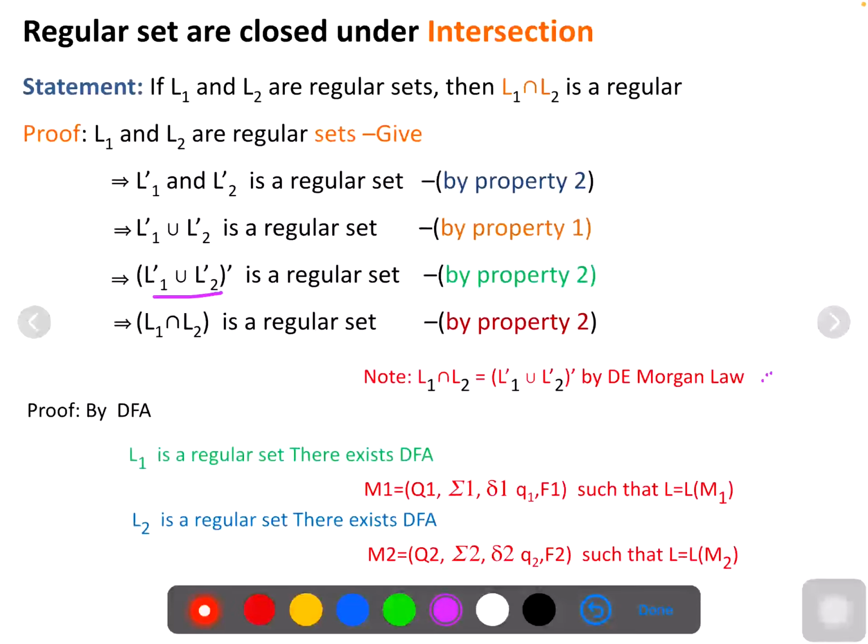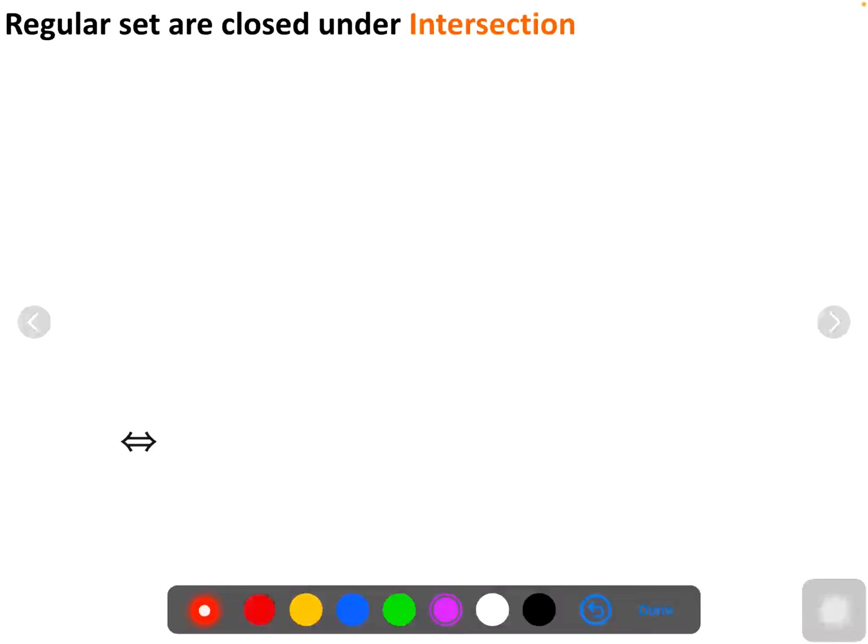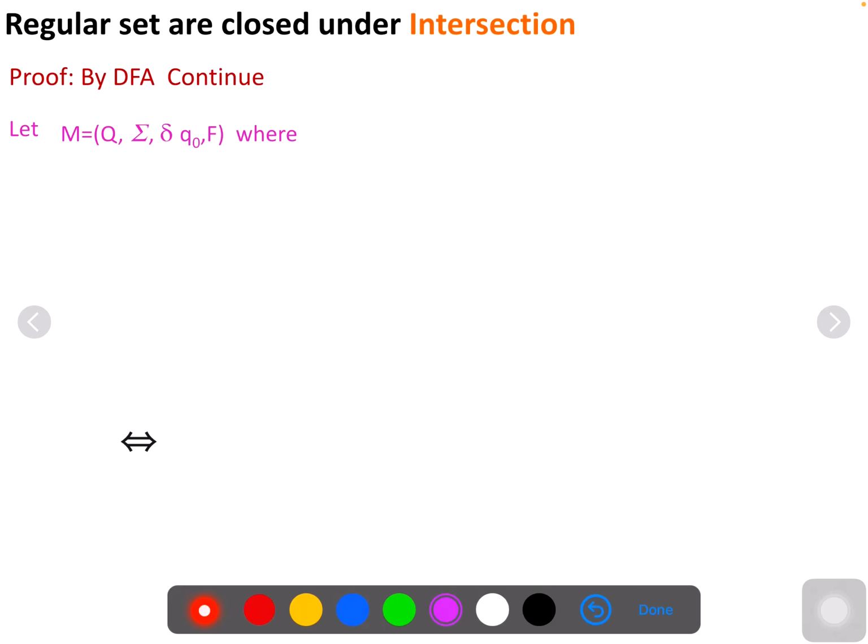As usual, there is a definition of DFA. As there are two DFAs, the set of states is Q1 cross Q2, where P1 comma P2 is a state such that P1 belongs to Q1 and P2 belongs to Q2.